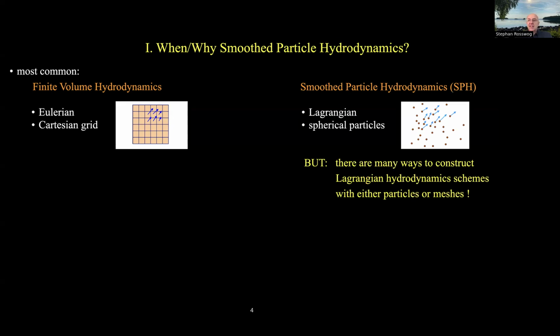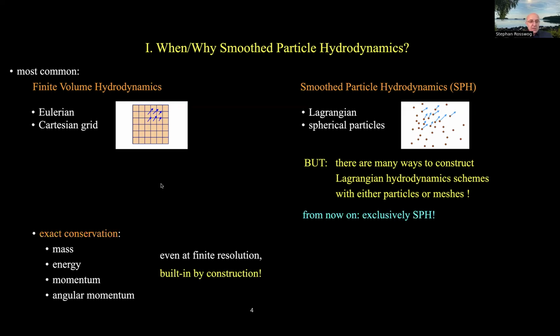But having said this, there are really plenty of ways you can do a Lagrangian hydrodynamic scheme, in particular also with particles. But you can also do this with meshes. So keep in mind, this is just one special thing. There are other ways to do this, but for the rest of this lecture, I will talk exclusively about SPH.